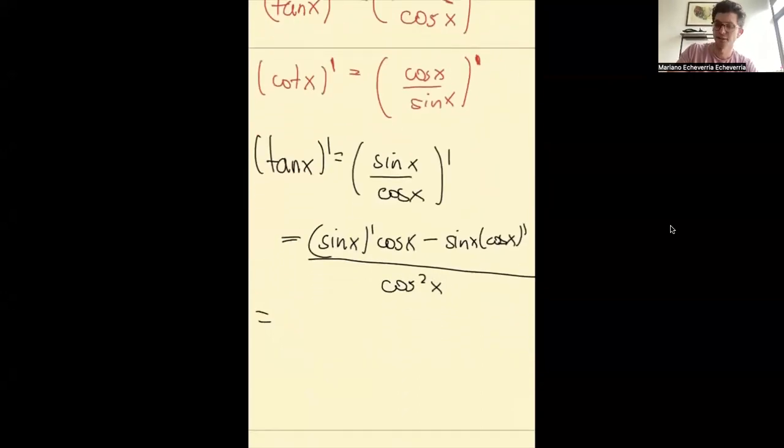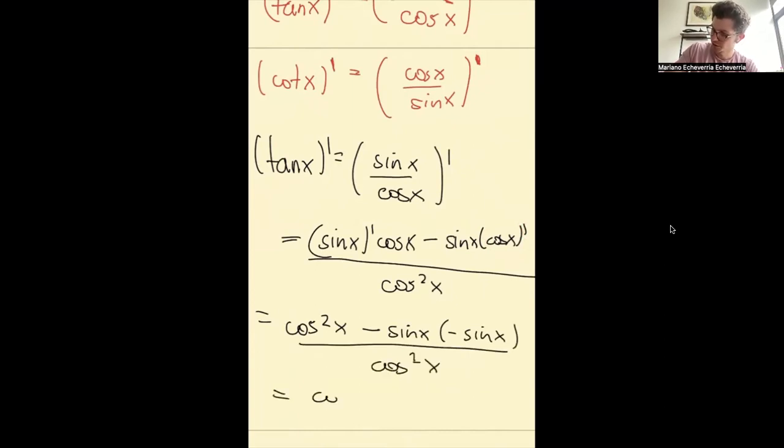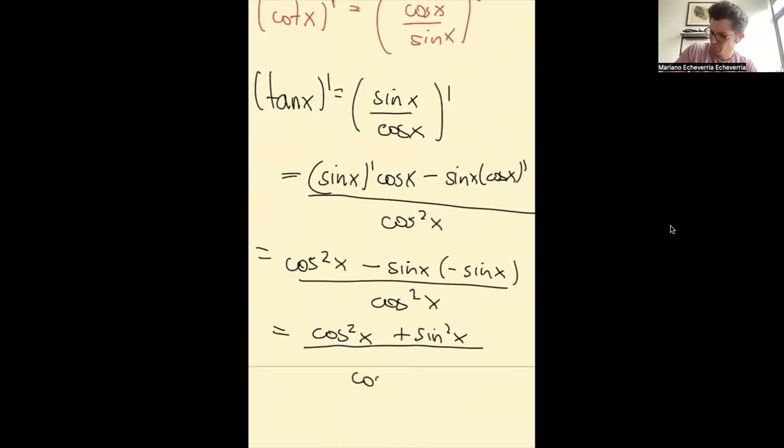So the derivative of sine is cosine, so you get cosine squared of x, right? And then the derivative of cosine is minus sine, so you get minus sine of x times minus sine of x. So that's cosine squared of x plus sine squared of x, divided by cosine squared of x.